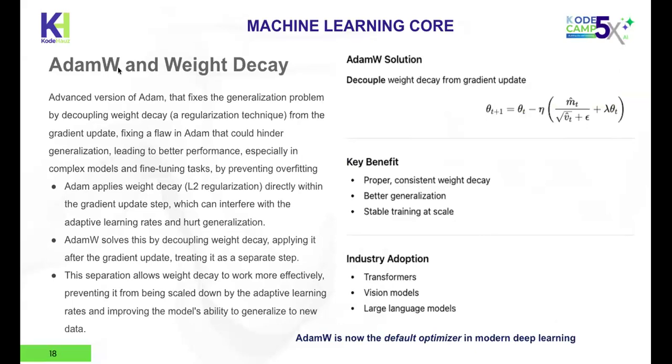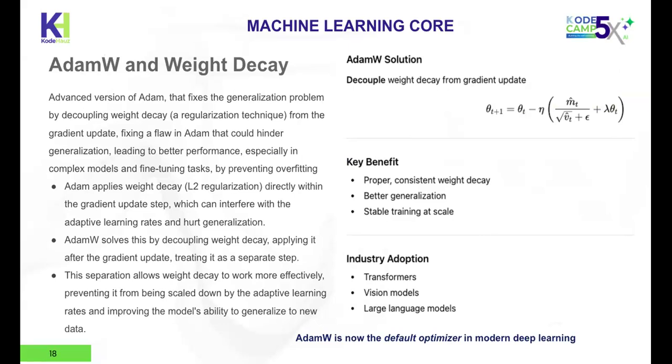So we now have AdamW and weight decay. The difference is that the W means weight decay. So you now have weight decay that is decoupled from the gradient update. You can now see that the optimizers are getting more and more complicated, and thank God we don't have to be doing it ourselves.